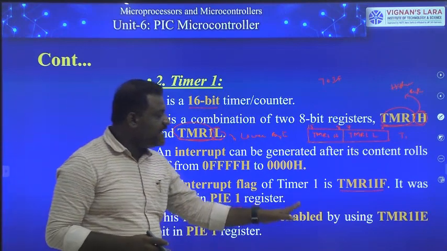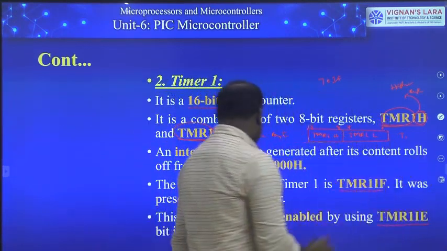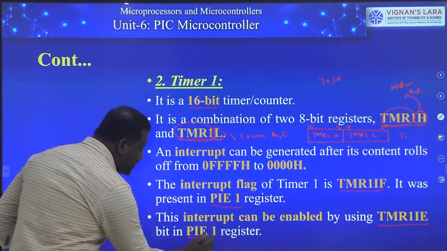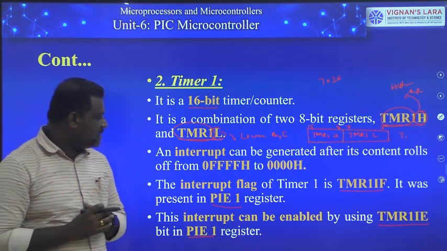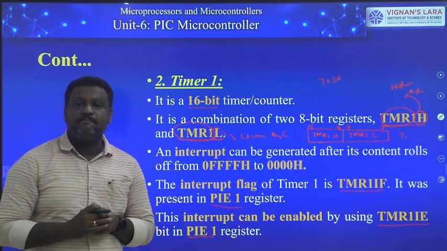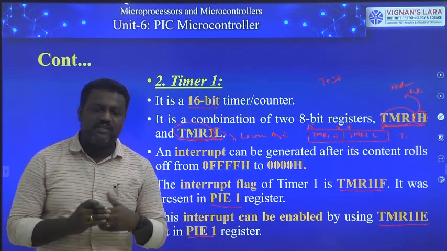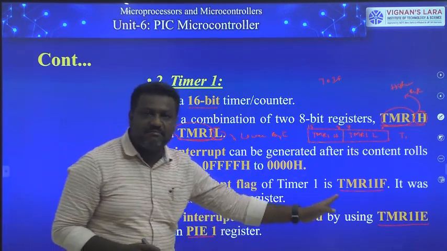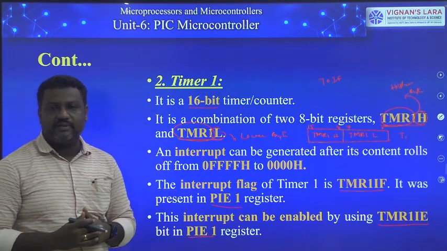This interrupt can be enabled by using the TMR1IE bit in the PIE1 register. So here the important one is, we can enable or disable this timer 1 overflow interrupt with the help of a bit called TMR1IE, which is present in the PIE1 register.